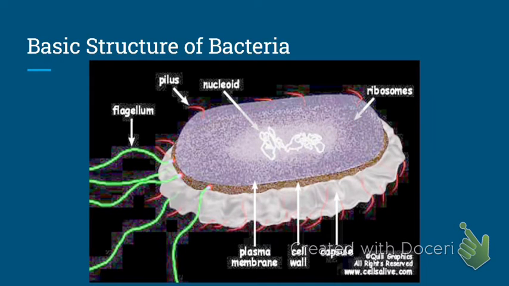They help produce proteins. The nucleoid is the region of DNA. You remember it's not surrounded by a nucleus, but it's just this region of DNA. All right. Then you have the plasma membrane or the cell membrane, the cell wall, and then the capsule. So it has three real different layers that are important there. Okay.